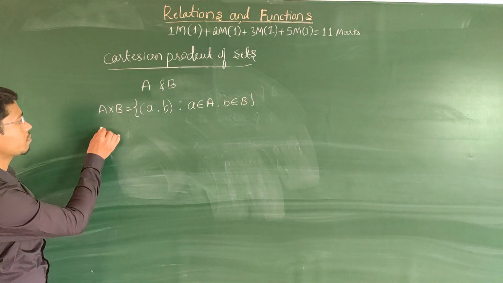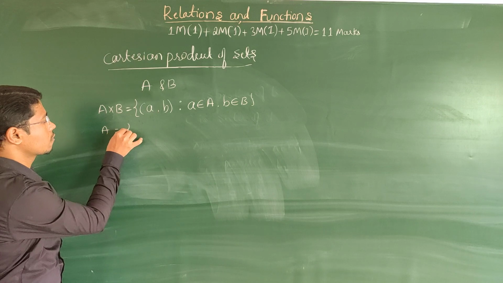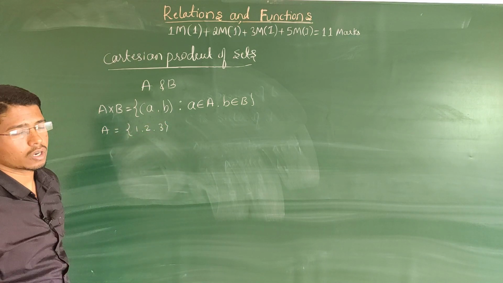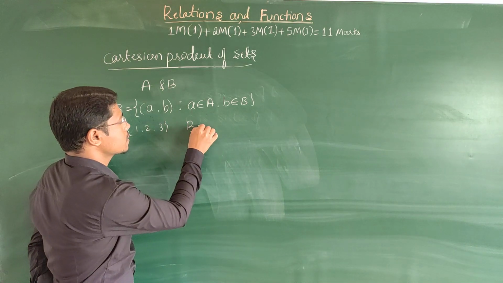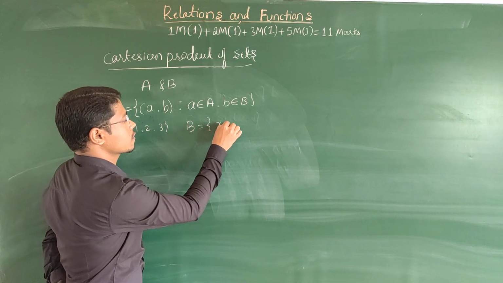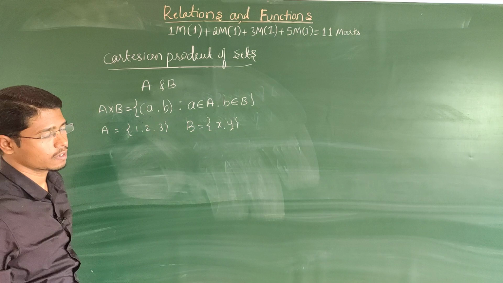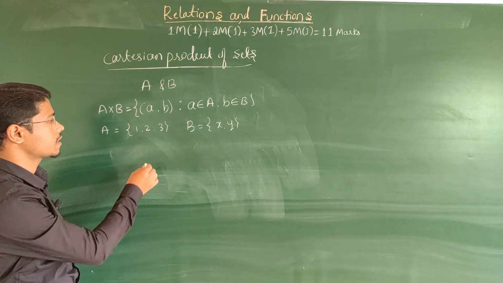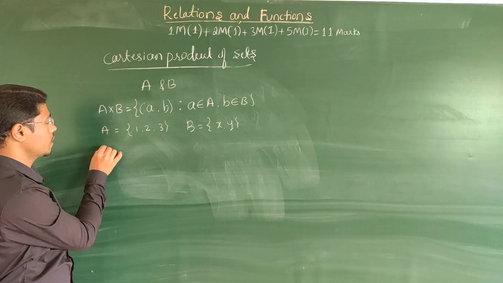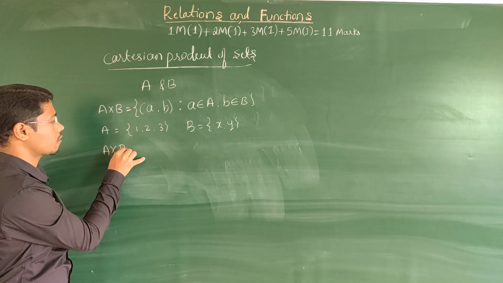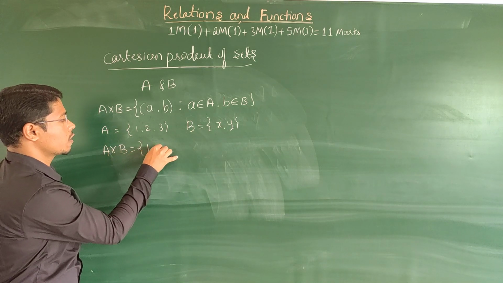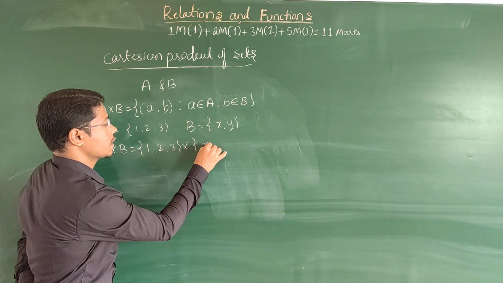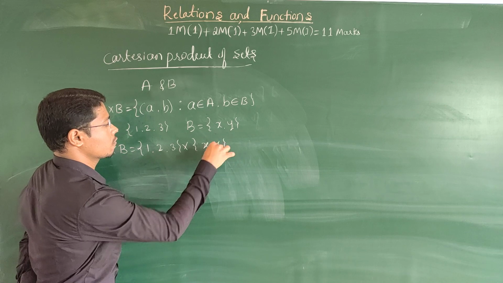So let us see one example. Let A be equal to {1, 2, 3} and B be equal to {x, y}. Set A contains 3 elements, set B contains 2 elements. Let us write the Cartesian product of A and B. That is A cross B is equal to {1, 2, 3} cross {x, y}.